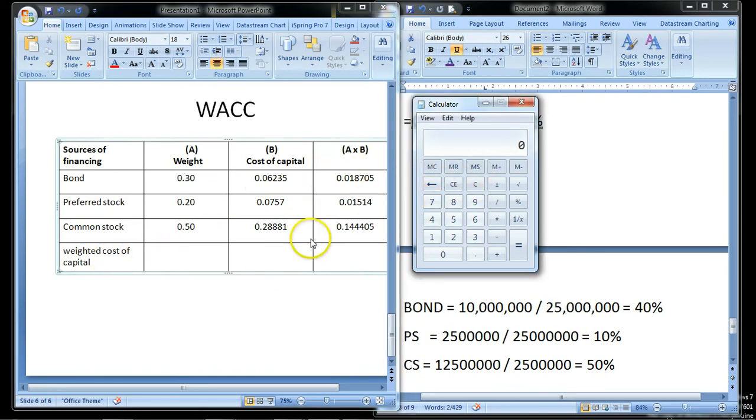Okay, how to find WACC? Then you need to sum all the column of weighted capital just now.